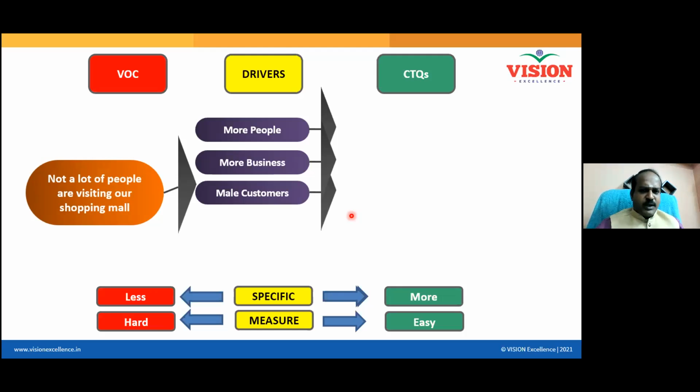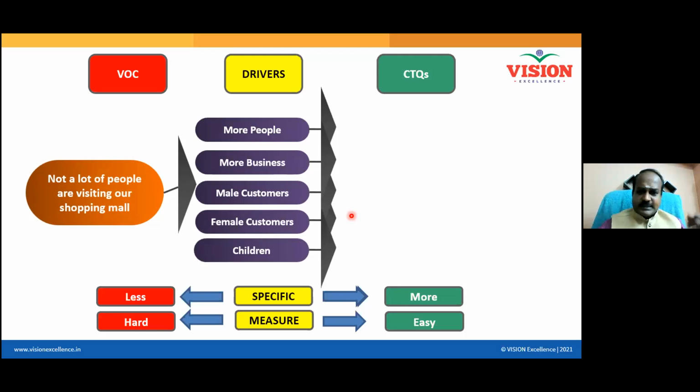And do you want to attract more male customers or female customers? It depends on the kind of shops you have inside, isn't it? So male customers or female customers, or you want to attract children. Likewise, you should break down a vague requirement into specific. And again, you need to identify the CTQs.